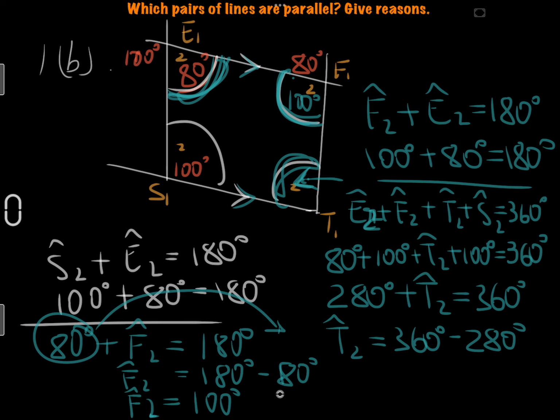So now, moving forward, we have 360 minus 280. We have T2, which remains now to be 80 degrees. Which means this angle here is equal to 80 degrees.